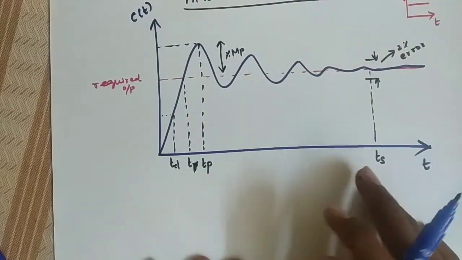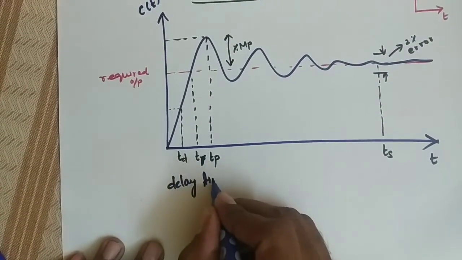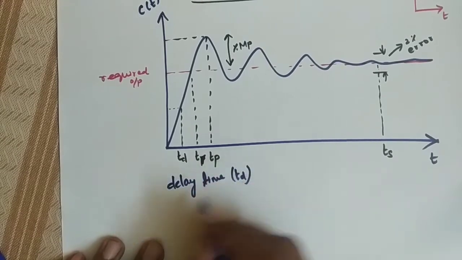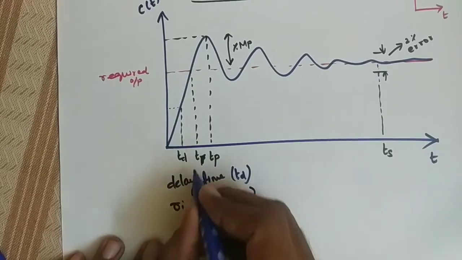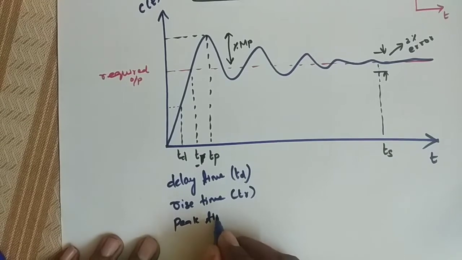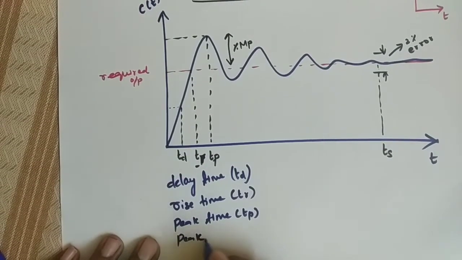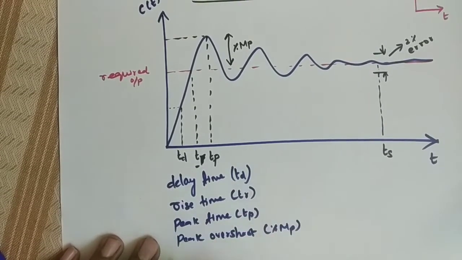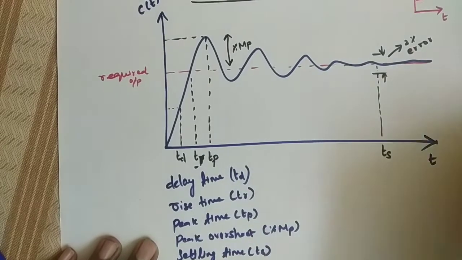The very important time domain specifications are delay time, TD, rise time, TR, peak time, TP, peak overshoot percentage, MP, and settling time, TS.